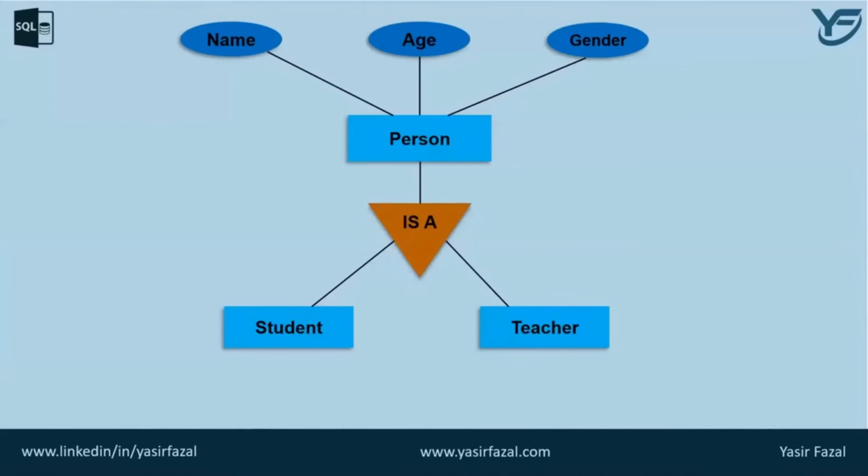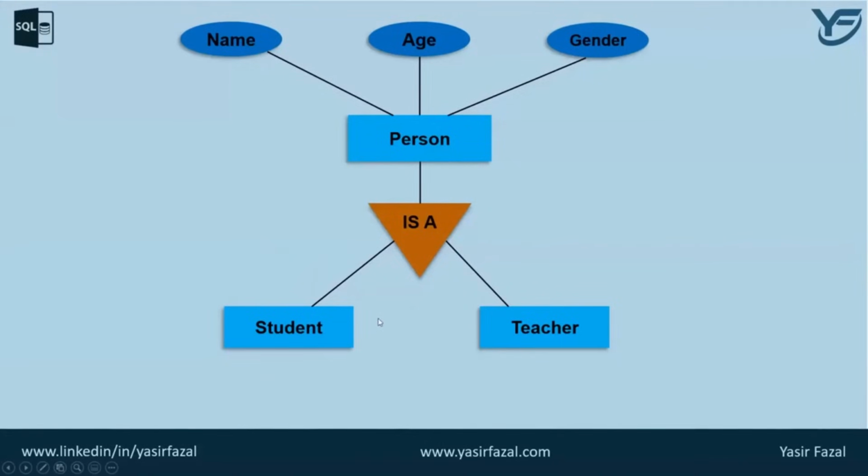Now, the point that needs to be understood is that name, age, and gender are part of person, and the person is inherited by the student and teacher entities. So it is natural to say that name, age, and gender are also present in the student and teacher entities. This is the behavior of the lower part, the more specialized behavior.